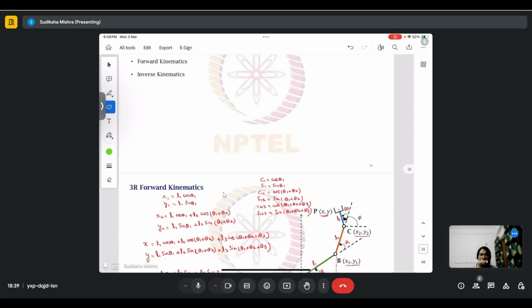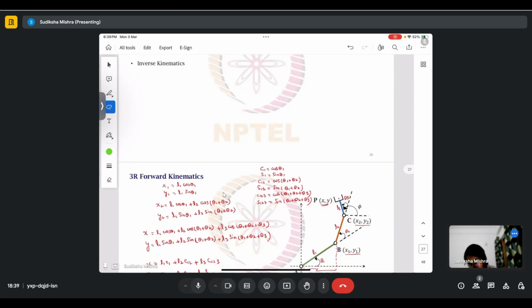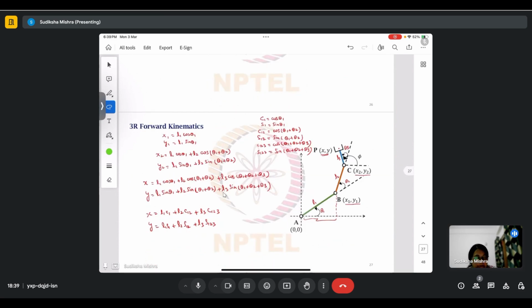Coming to a three-link planar chain, which is slightly more complicated because it has one extra link.